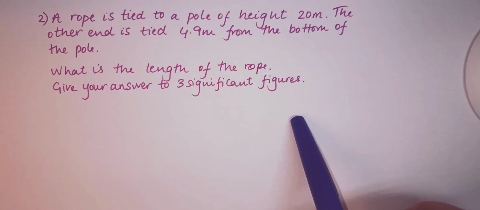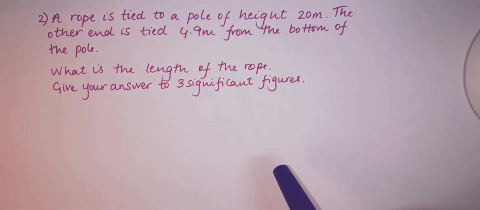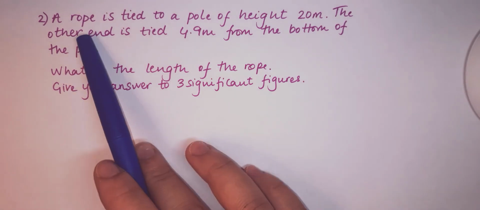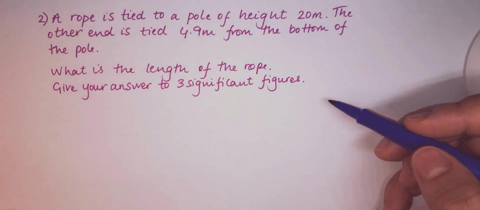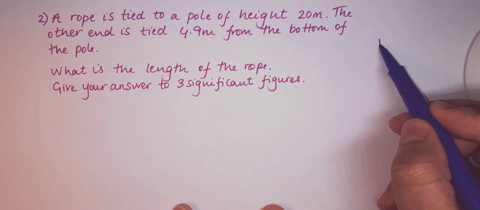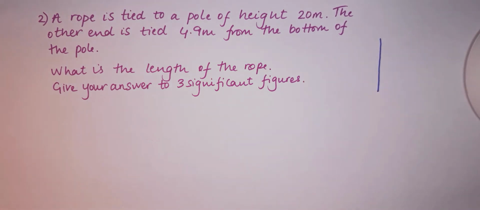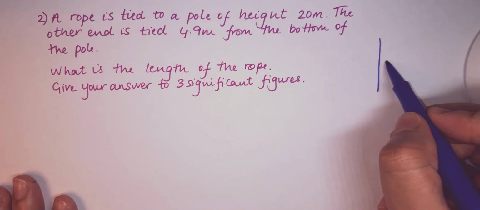So first of all, what we need to do is read the question, and then find a solution. But we also need to give ourselves different options of how we would work through the question. So we know that there's a rope and it's tied to a pole. If we draw it here, we have a pole here. Very simple drawing. And we know that this pole is 20 meters.